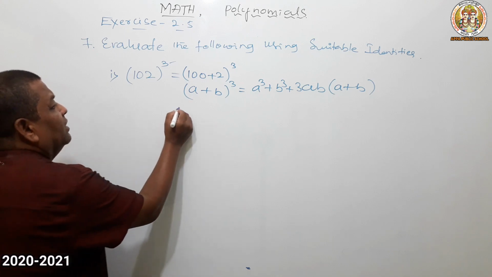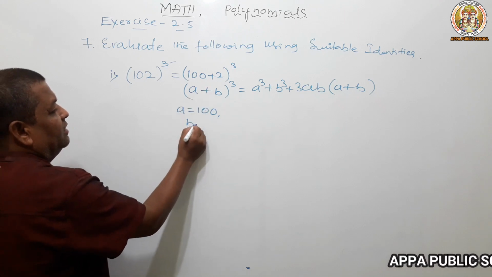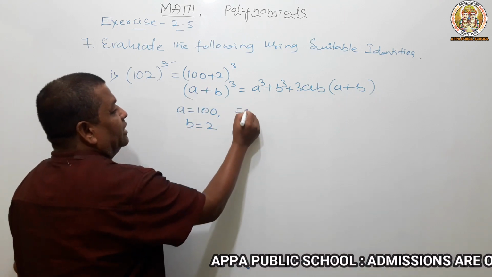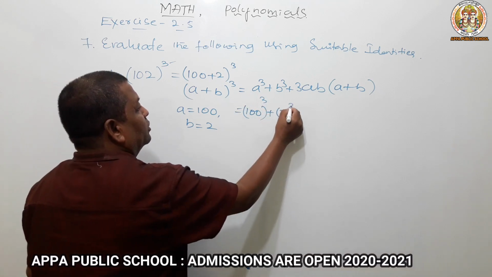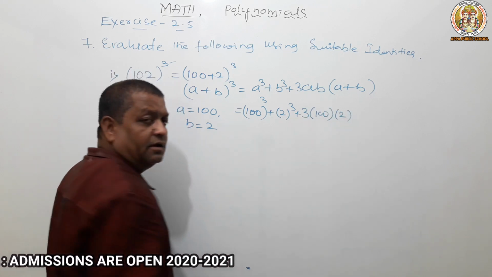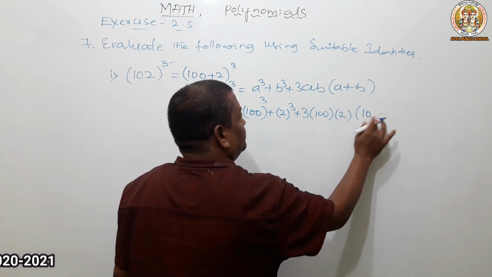What is a? a is equal to 100. What is b? b is equal to 2. Substitute in the form a cube, 100 cube, plus 2 cube, plus 3 of 100 into 2, into 100 plus 2.